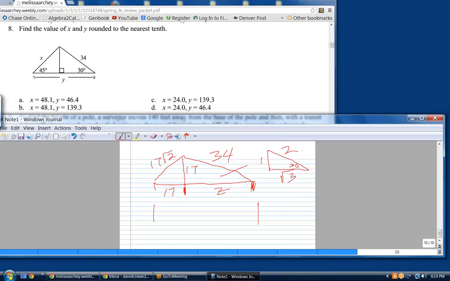What is z? 17 root 3. Yes. Now we have everything. That means y must be 46.4. It certainly isn't 139. Right.